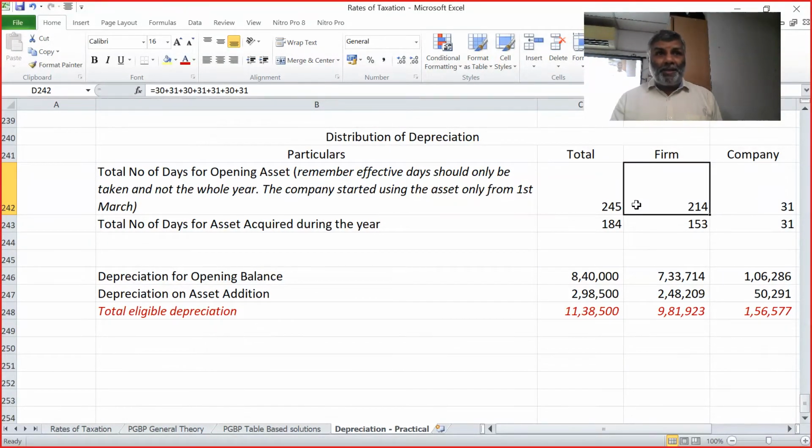We are charging depreciation. When we computed depreciation, we computed for the whole year. In the distribution, the firm gets a larger amount of depreciation. Even for the November to February period, the firm is able to enjoy it in a better manner. While computing depreciation, Raja, we did not make any difference.